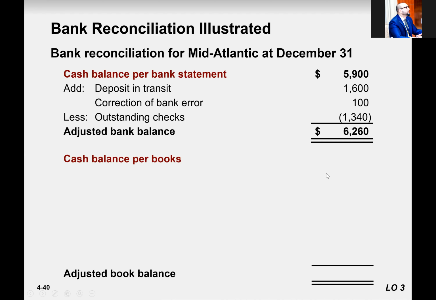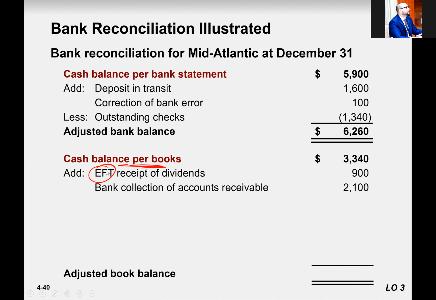But if you did that, in your cash per book balance, then you will add that and show it here. So this is the balance on our cash side. You add all the receipts that were electronically transferred, either dividends or customer payments, because you don't have this knowledge.